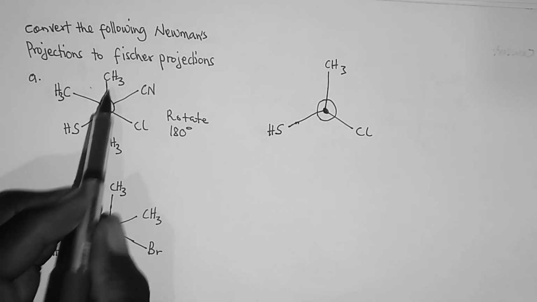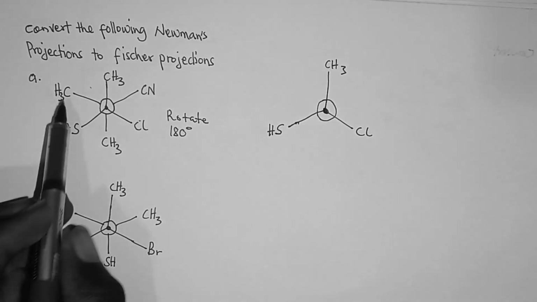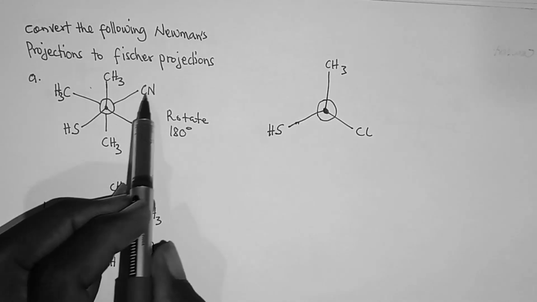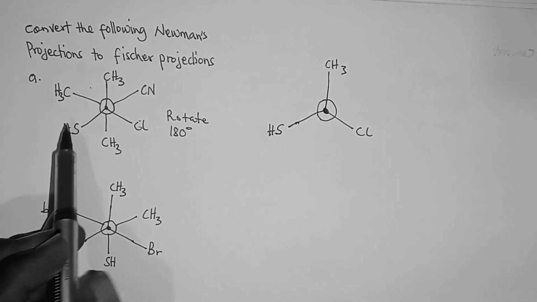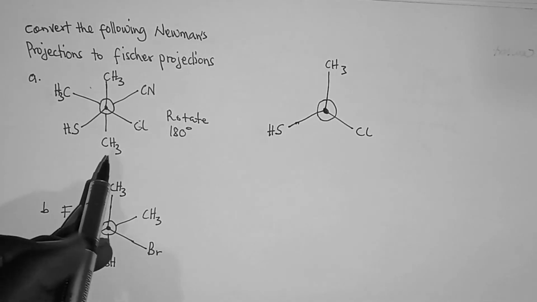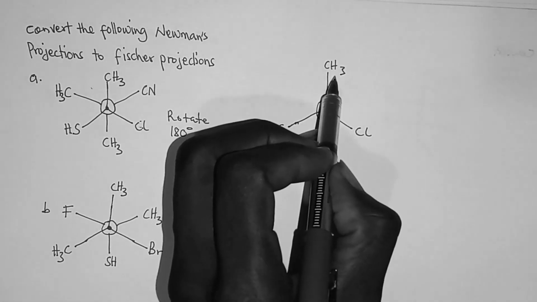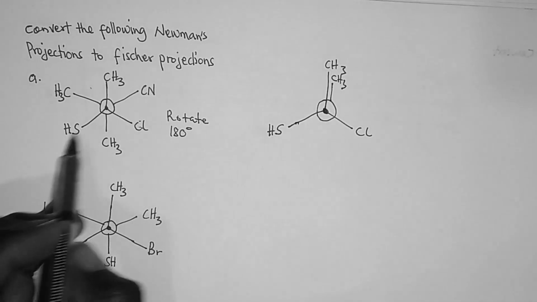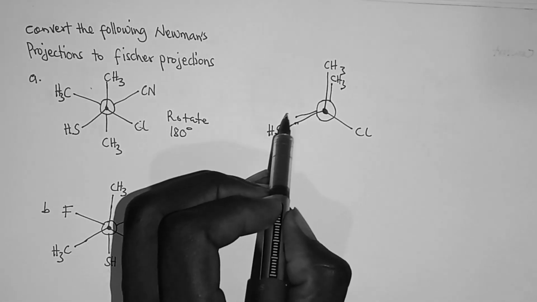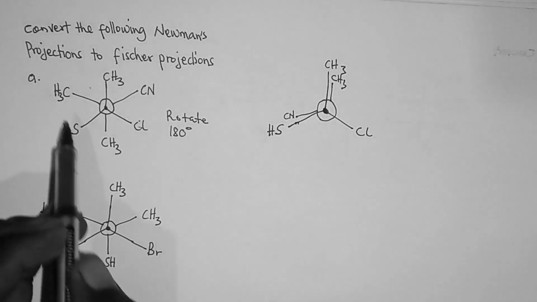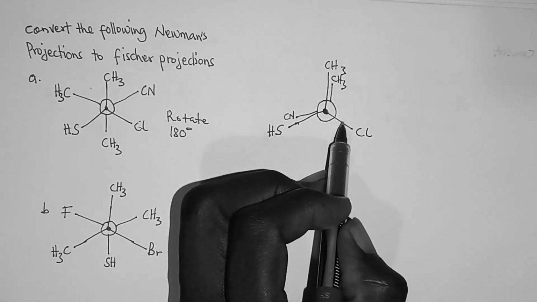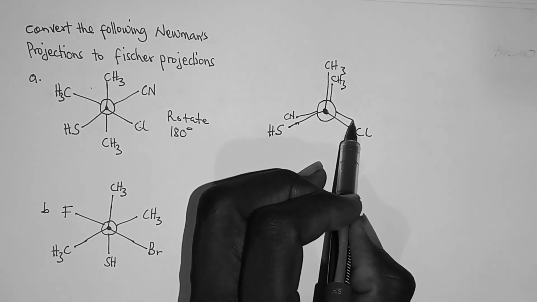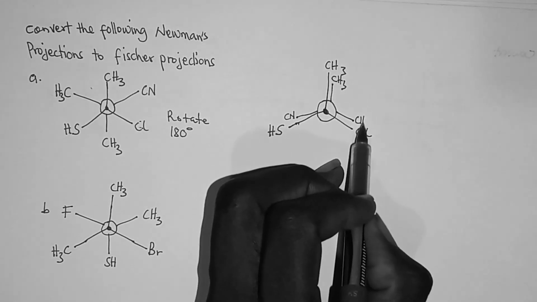So if we rotate 180 degrees, this chlorine will be where this CH3 is, this CH3 will be where the chlorine is, and then this CN will be where the thiol is. So there is a CN here, and then this CH3 will be here.